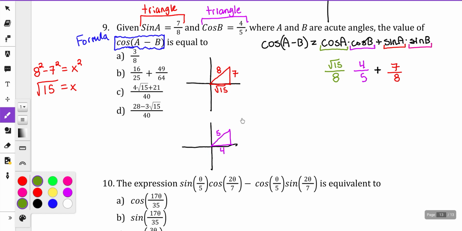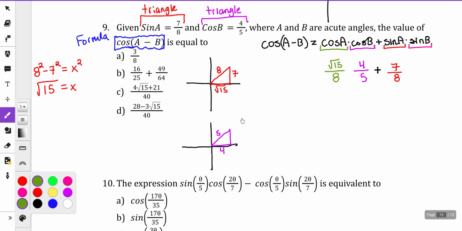Right? It's x over r for triangle A. To figure out sine of B, it's y over r for triangle B. Looking at triangle B, I don't know what y is, so I have to figure it out.